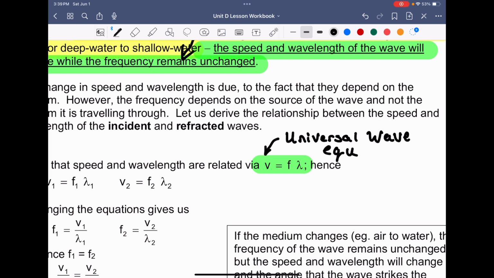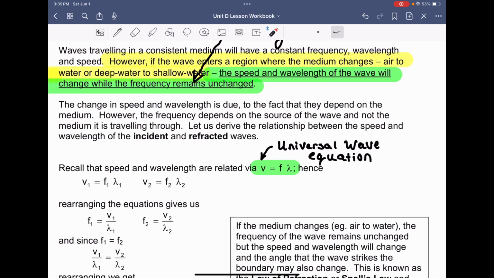This equation relates speed, wavelength, and frequency for any sort of wave. Whether it be electromagnetic waves or mechanical waves, such as transverse or longitudinal waves, both of these apply to this equation, hence that idea of it being universal.